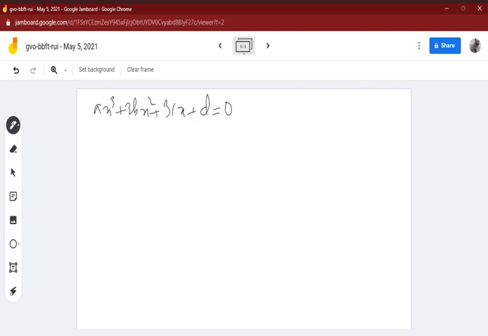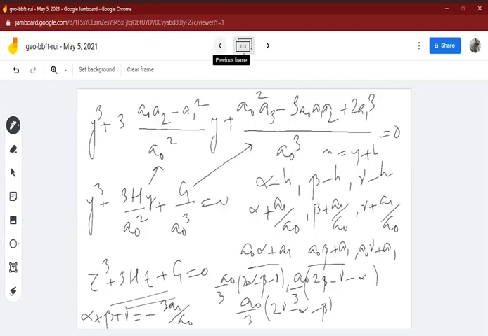Now if you put this equation into standard form, then it is z cube plus 3h z plus g equals 0. So what is this z? Z is actually ax plus b, the root is a alpha plus b.